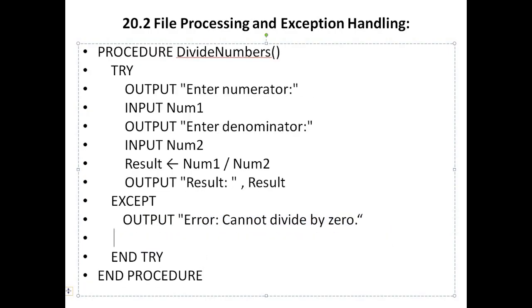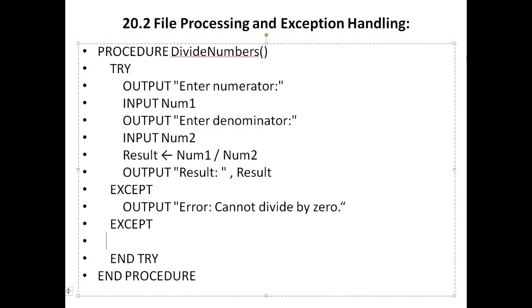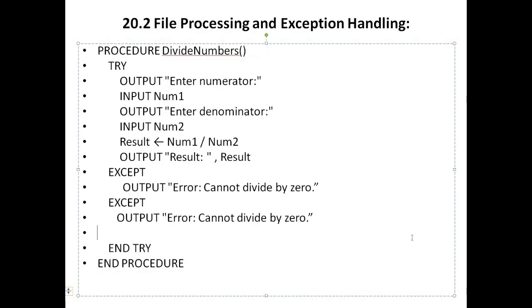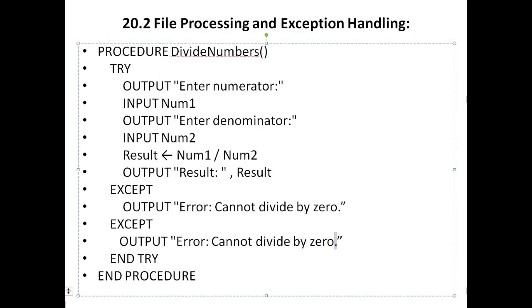In case that's not the case, you can sometimes add another exception as well. For example, if you did not try to divide by 0 but some other error occurred, you can add another exception as well. What can that be?